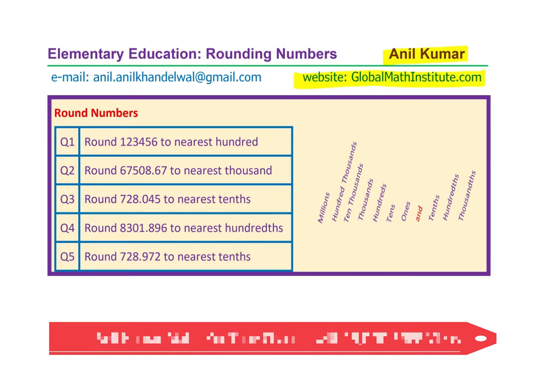In this video, we'll take a few questions relating to rounding numbers. You have the basic concept. However, we'll take up questions here which will involve decimal numbers. And some students find it difficult to work out rounding of such numbers.